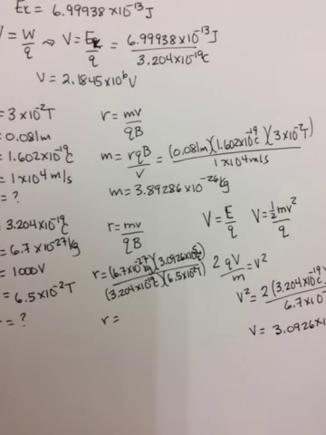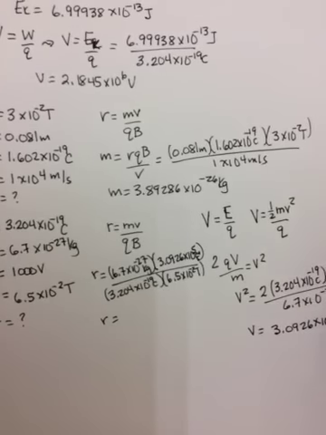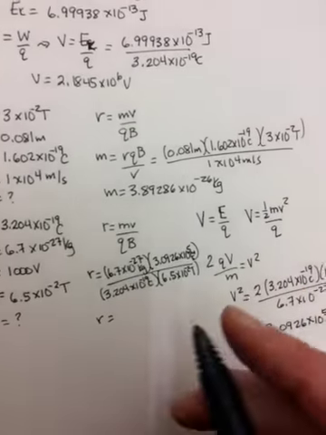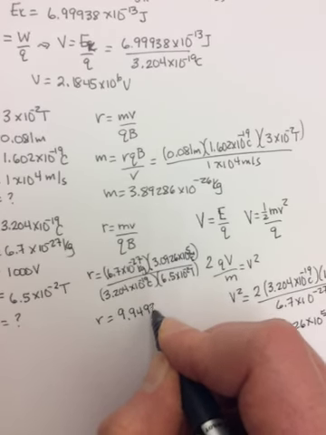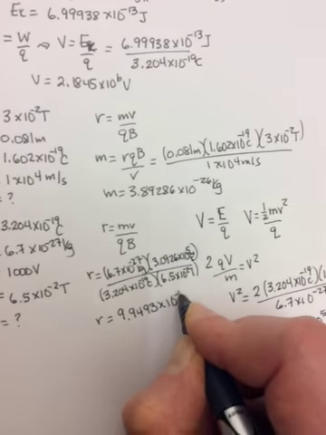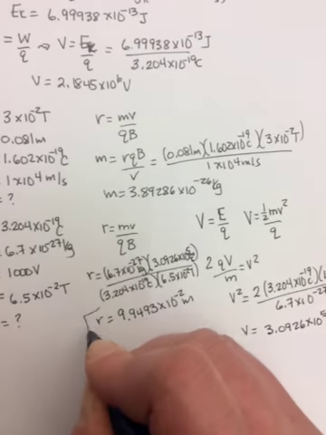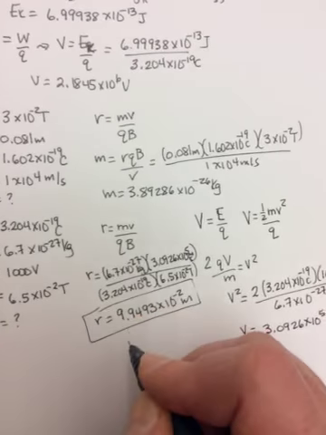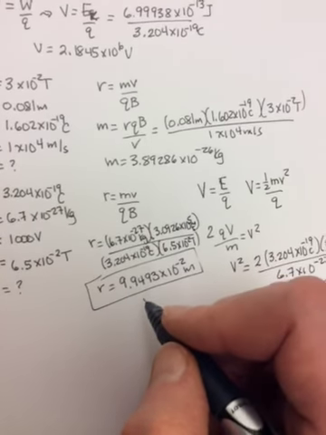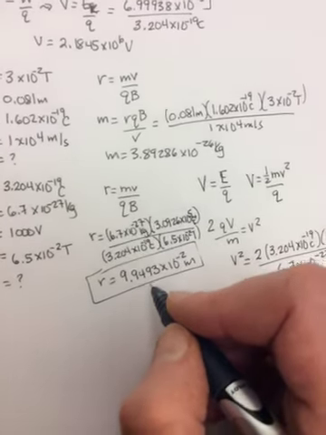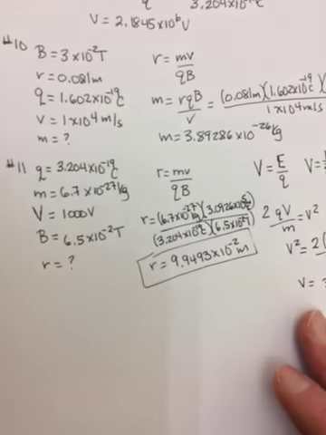When you do this, you should get an R of 9.9493 times 10 to the negative 2 meters. So not quite 0.1 of a meter. Okay, so that's number 11.